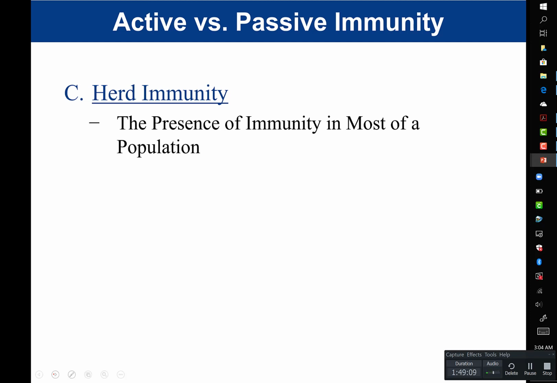But once people stop vaccinating and we lose that herd immunity, we can have these outbreaks again. That's why you can see these outbreaks of diseases that didn't used to be around before. Measles was pretty much gone until we had this big anti-vaccine movement. And so that's herd immunity.